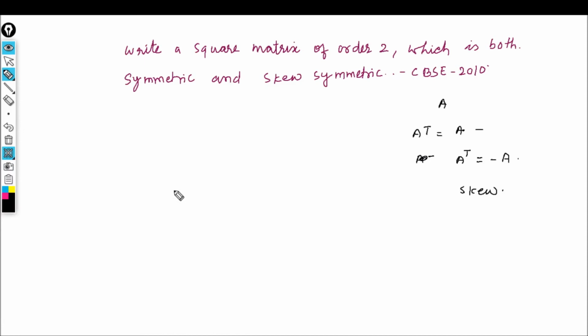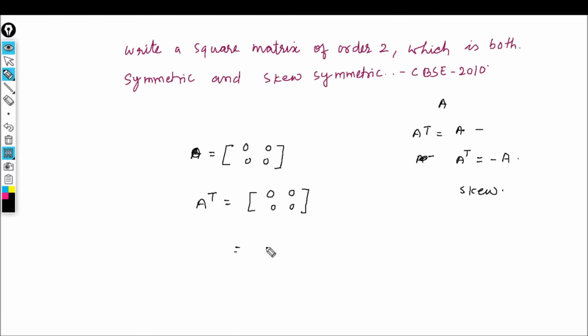Now we have to write a square matrix of order 2 which is both symmetric and skew symmetric. So we'll write here a simple matrix A is equal to 0 0 0 0. If we take its transpose, transpose of A is equal to 0 0 0 0.